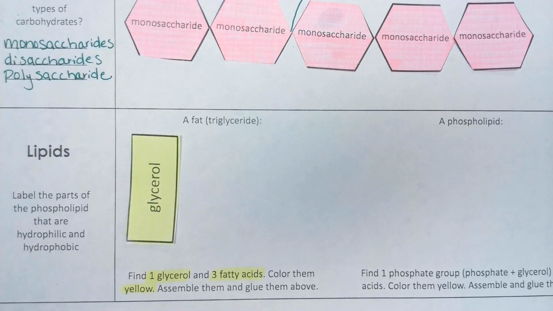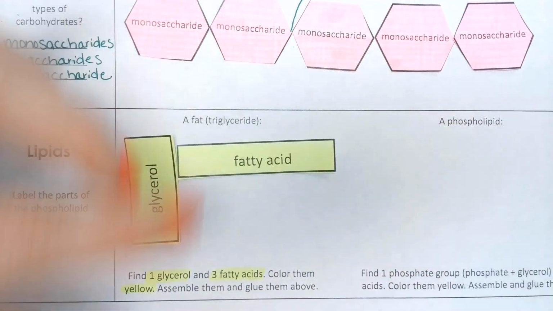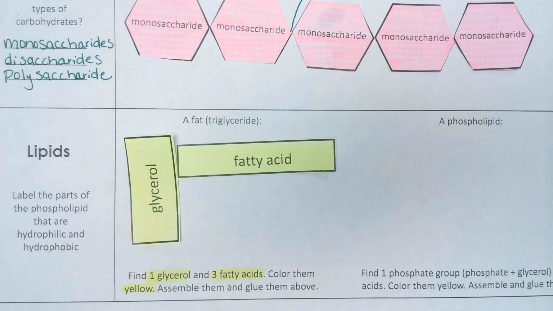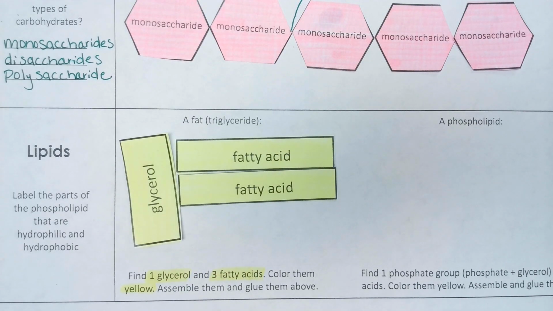Alright, just a reminder from yesterday's lesson, the elements that comprise lipids are going to be carbon, hydrogen, and oxygen, just like carbohydrates. Lipids are also similar to carbohydrates in that they provide energy, but the energy that lipids provide is long-term or a storage source of energy, whereas carbohydrates are like a fast source of energy.